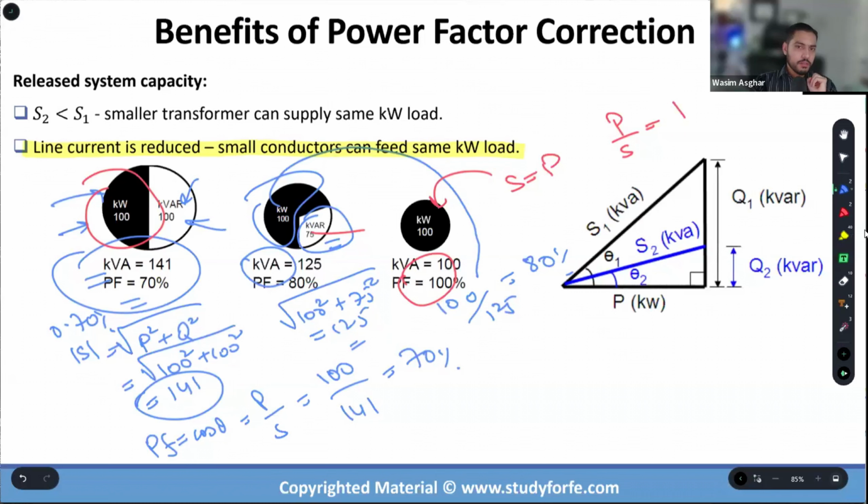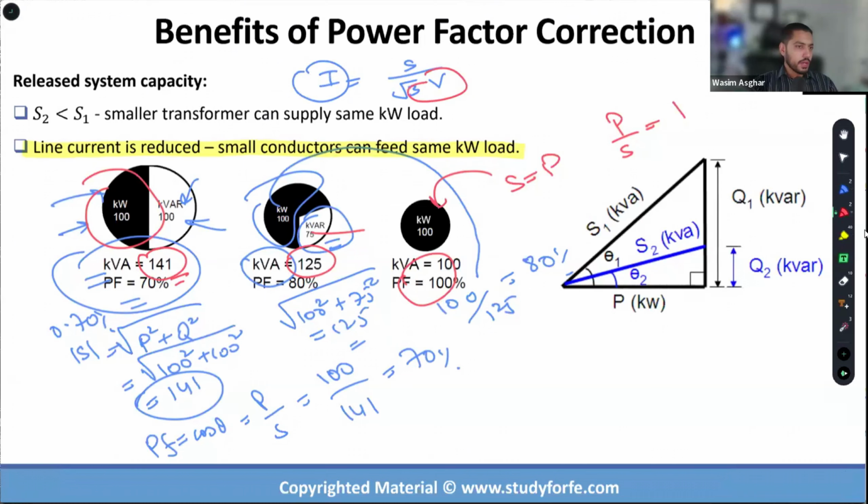The equation for a three-phase I is equal to S divided by square root 3 V, okay? So you can see that as the value of S, apparent power, is decreasing, because voltage is held constant, right? So assuming that your three-phase motor is still going to be a three-phase motor at whatever voltage that you're working with, right?